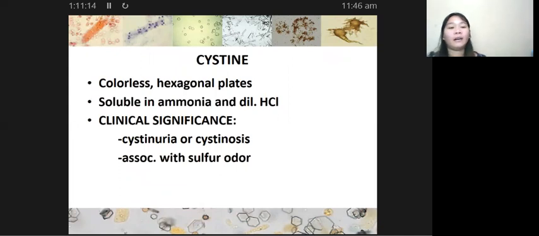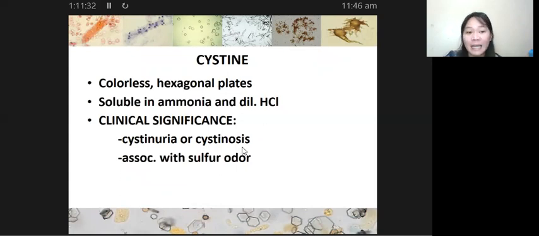Or dye. Alright, so first we have your cysteine. Your cysteine is colorless. They appear as colorless hexagonal plates, and they are soluble in ammonia and dilute hydrochloric acid.